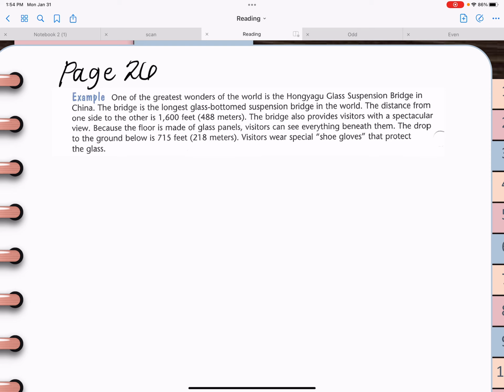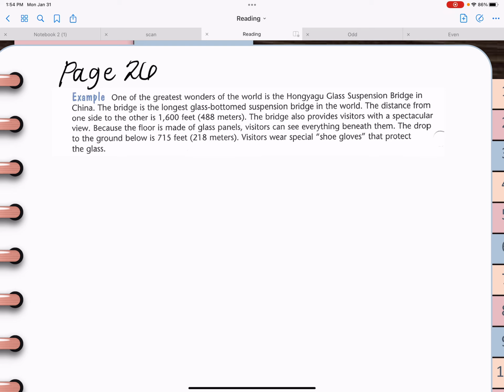The bridge also provides visitors with a spectacular view. Because the floor is made of glass panels, visitors can see everything beneath them. The drop to the ground below is 715 feet or 218 meters. Visitors wear special shoe gloves that protect the glass.